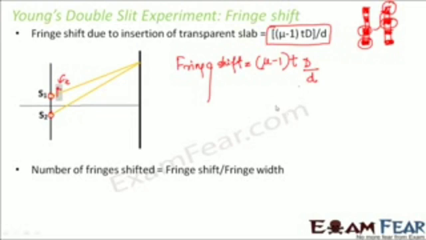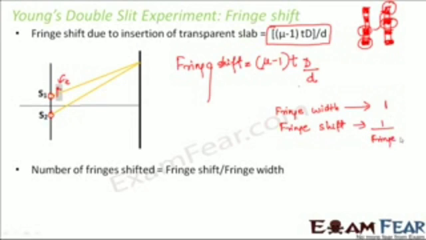Fringe width corresponds to one fringe, right? So when we talk about fringe shift, by the unitary method, it would correspond to 1 by fringe width multiplied by fringe shift. And that's exactly what we are doing.